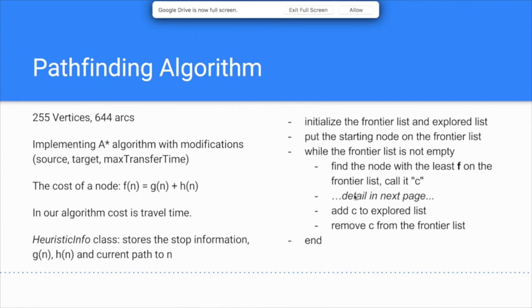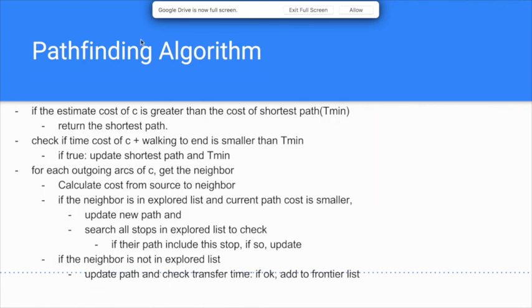First, we find the node with least cost, and then check if the cost is greater than the cost of the shortest path, which we call T-min. If so, it will return the shortest path because there's no way you can get faster than that. Then we check if the time cost of the current path plus the time walking to the end is smaller than T-min. If it is, we update the shortest path and T-min.